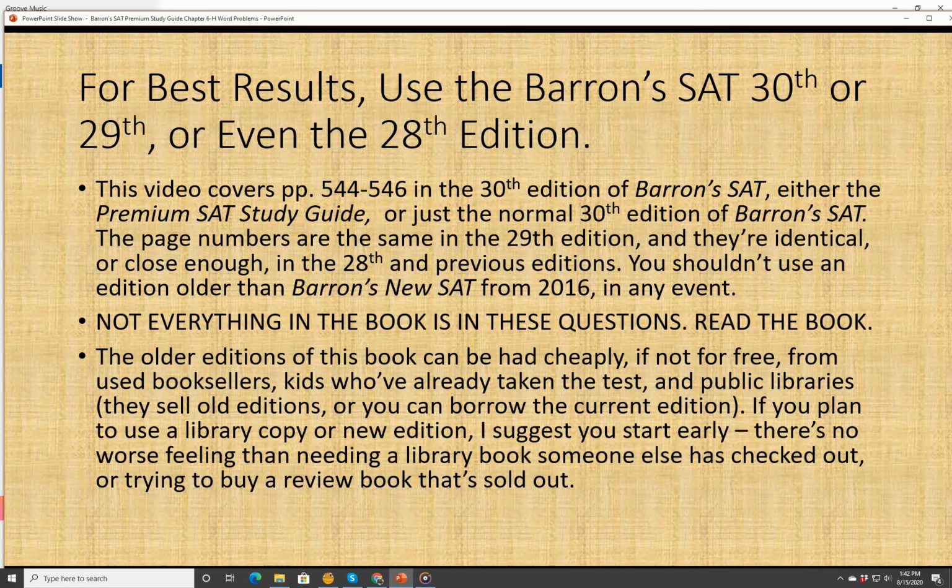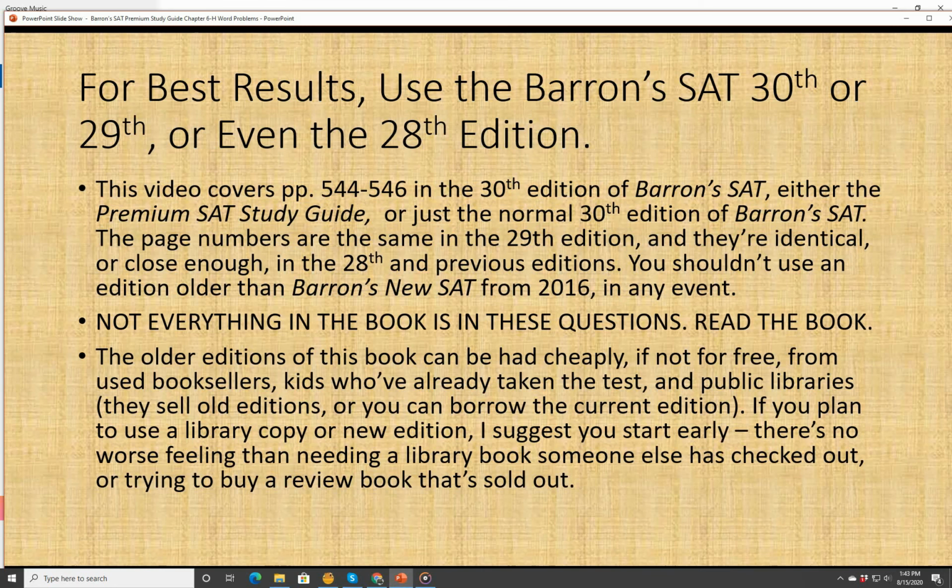Not everything in the book is in these questions. Please do read the Barron's SAT book. Watching these videos is better than nothing, but it's not as good as if you actually use the Barron's SAT or some other SAT book. The older editions of this book can be had cheaply, if not for free, from used booksellers, kids who've already taken the test, and public libraries. They do sell old editions, or you can borrow the current edition.